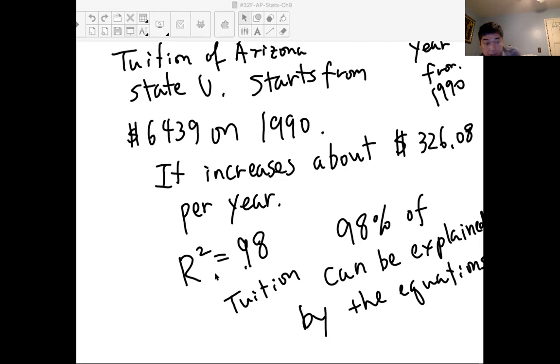Okay. A polling organization asks an SRS, a simple random sample, of 1,500 first-year college students how far away their home is. Suppose that 35% of all first-year students attend college within 50 miles of home.